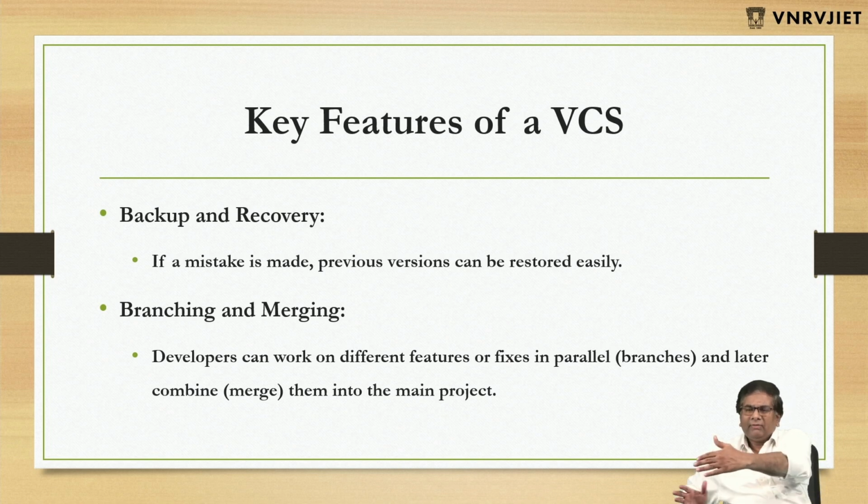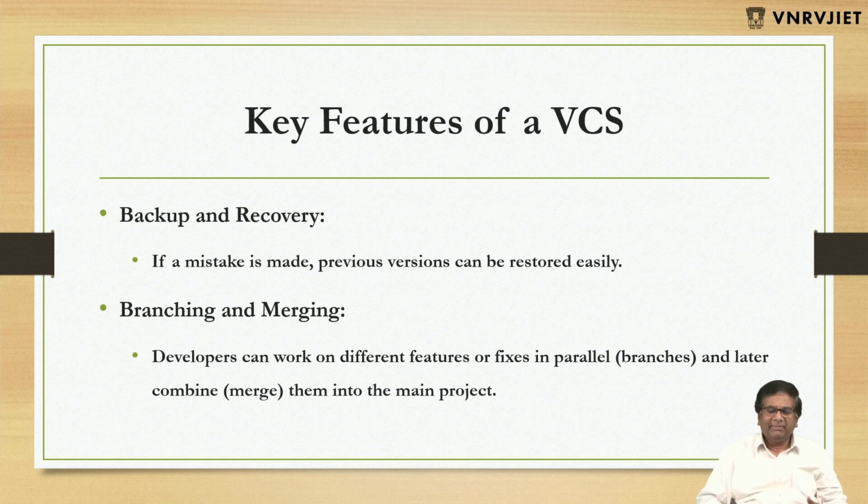After some time, we want to mingle both those changes together. That's called merging. Branching means you take a copy of a file and work on it, whereas the same file is used by somebody else in their own copy. That's called multiple branches. And once the branches have been made, most of the time it is required to merge them. So branching and merging go together.